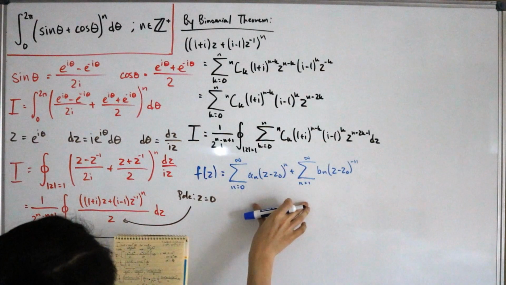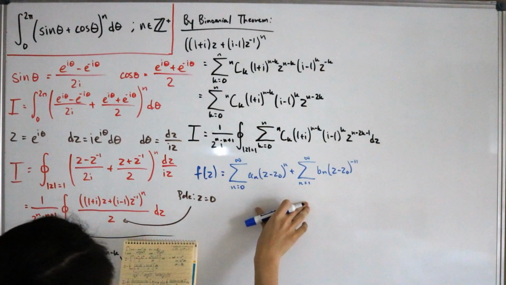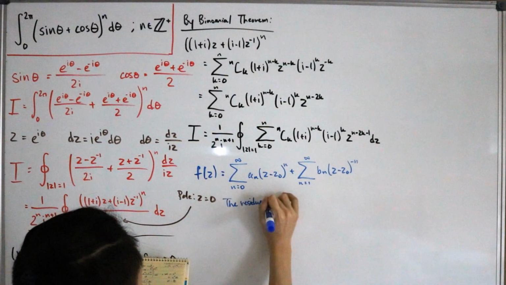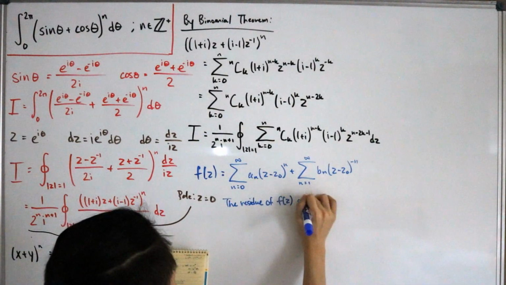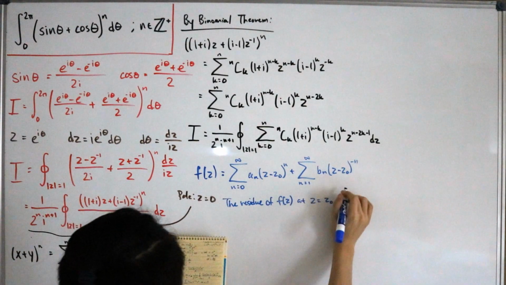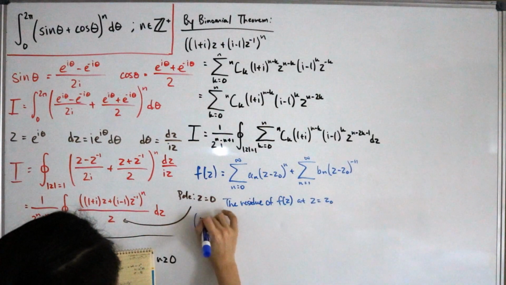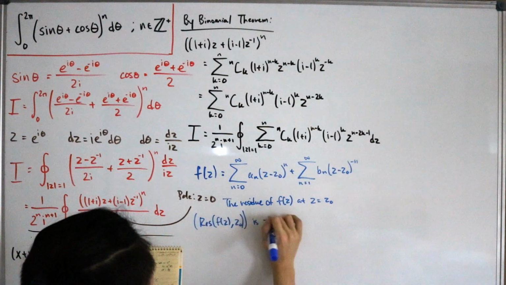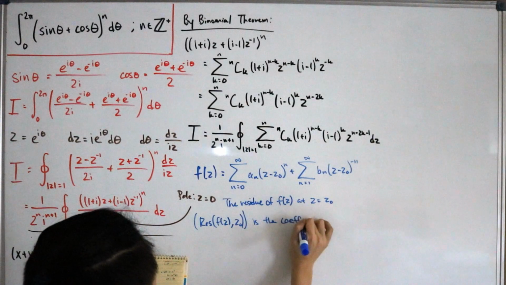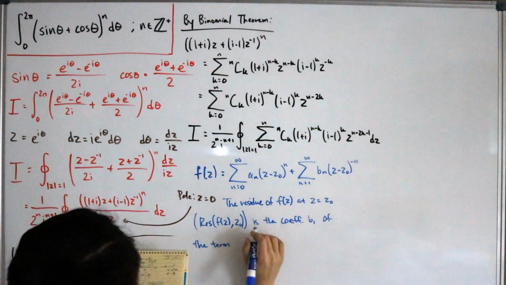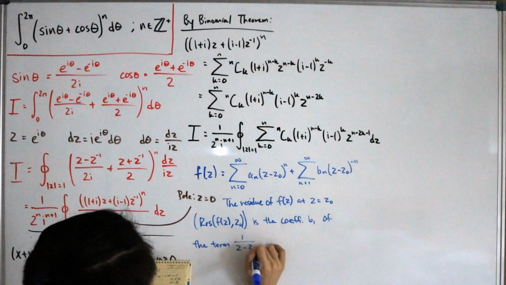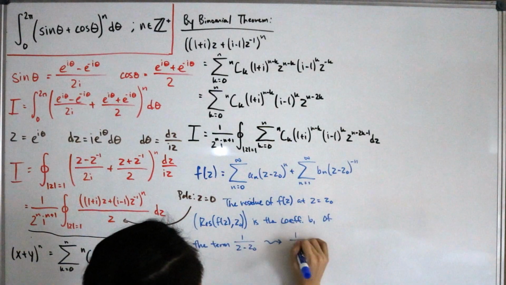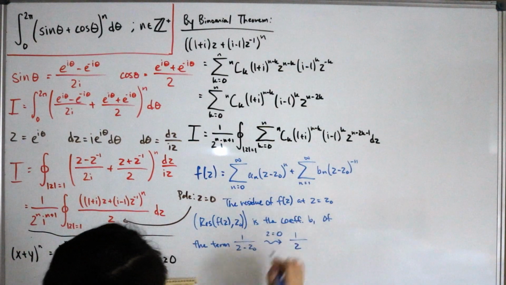So if we have this Laurent series expansion, then the residue of f of z at z equals z naught, in other words the residue of f of z comma z naught, is the coefficient b sub 1 of the term 1 divided by (z − z naught). In our situation, the pole is z equal to 0, so that would be 1 divided by z.